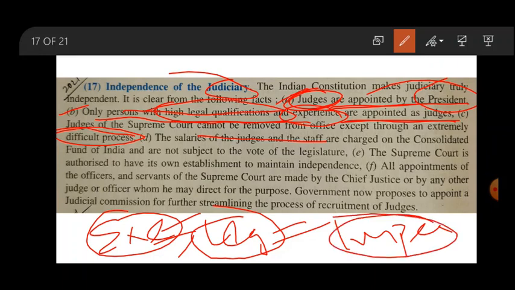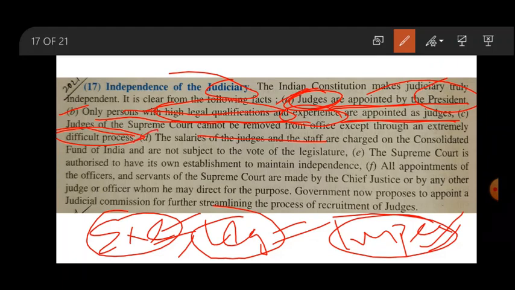This impeachment process is quite difficult and it cannot be achieved simply. If one has the desire to remove a judge of the Supreme Court or any court, this impeachment process has to be successfully executed. Then only can a judge be removed.